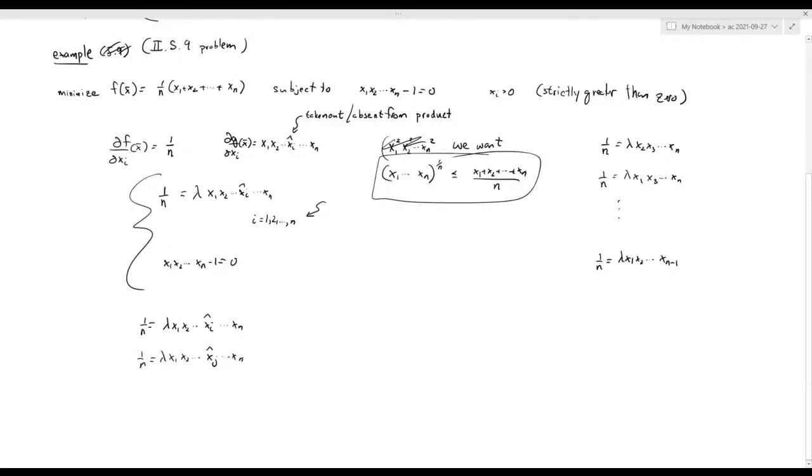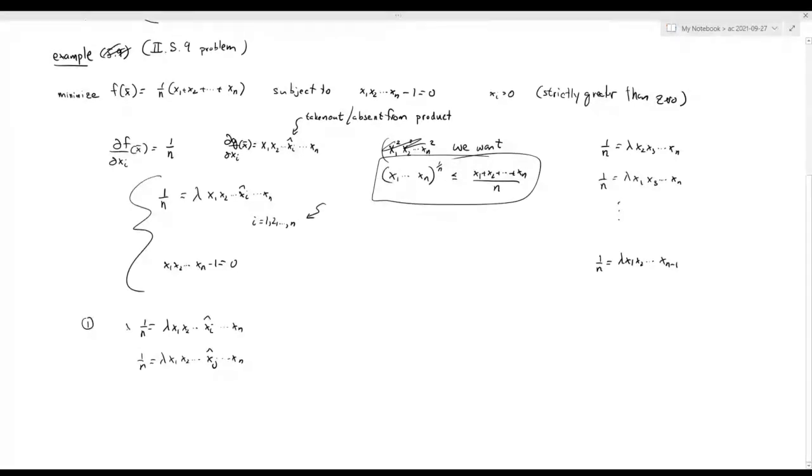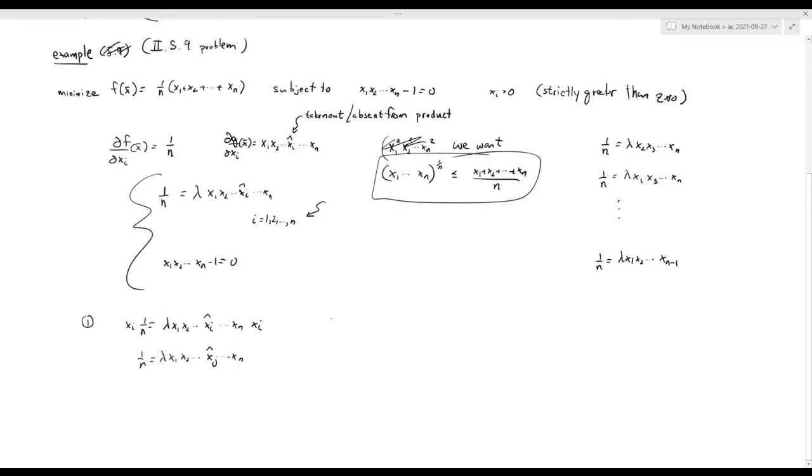Okay. To compare these more easily, what you can do is multiply the first equation by xi and the second equation by xj. Do you see why? I mean, it's not obvious, but do you see why somebody would want to do that? If you multiply the first equation on both sides by xi, you've introduced that factor. Remember, it's not 0, so it's legit. You're not losing information.